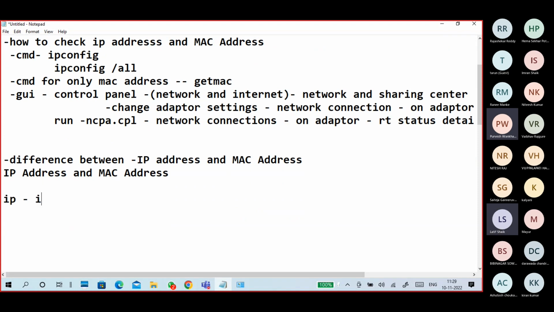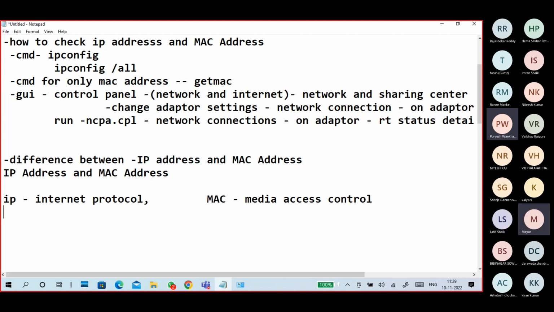IP means internet protocol, MAC means media access control. IP address is the logical address of the computer. MAC address is given by the manufacturer. MAC address is a physical address.